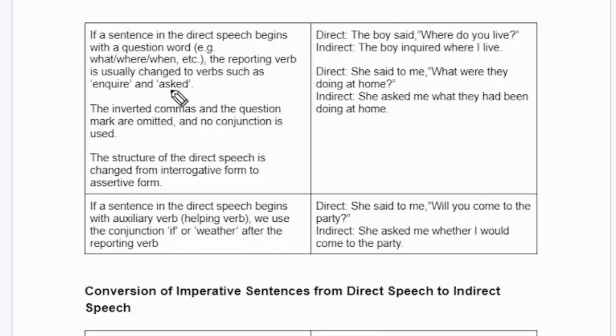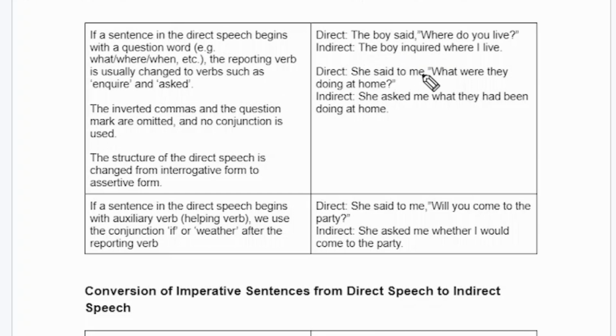So in the second sentence, okay, first we will read the rules. The inverted commas and the question marks are omitted and no conjunction is used. So you have seen that we just use inquire over here.